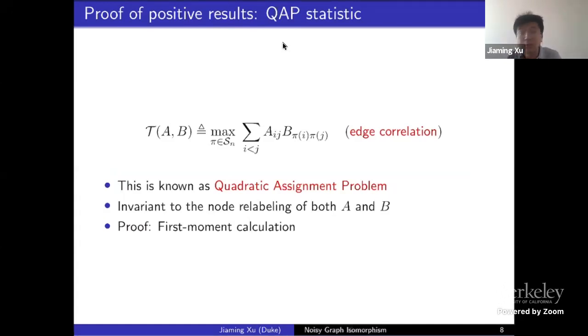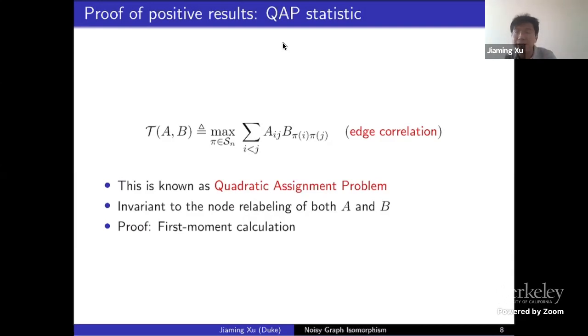The proof of the positive result is relatively simple. We consider this particular test statistic, which computes the maximum edge correlation by maximizing over all the possible latent node correspondences. This optimization problem is known as the quadratic assignment problem, and is NP-hard in the worst case.